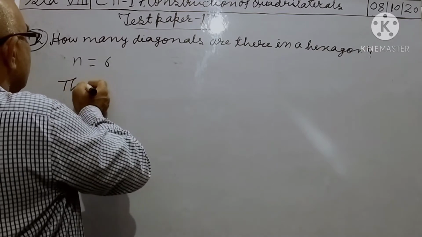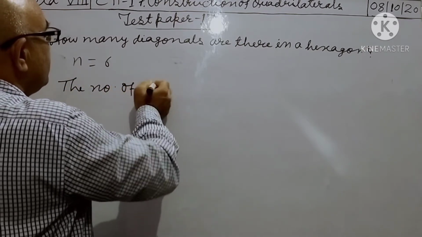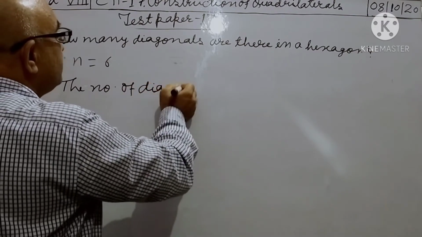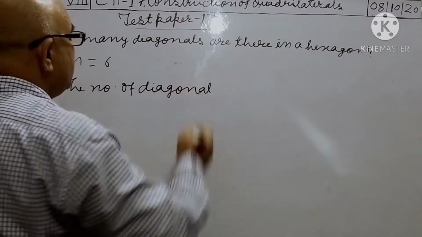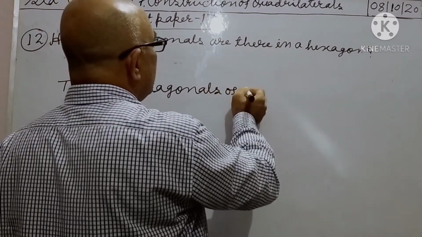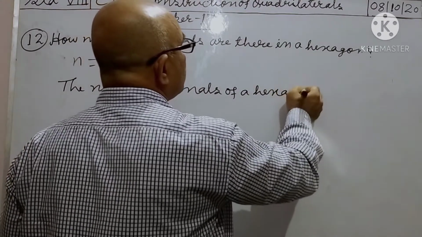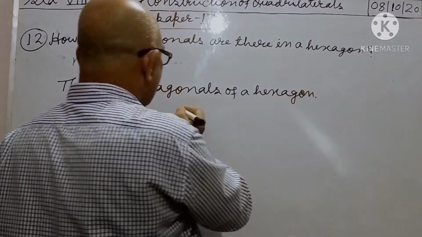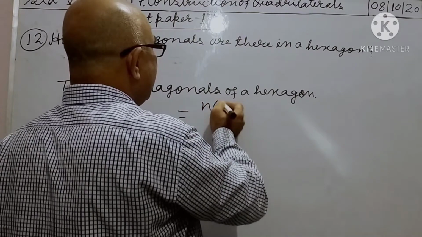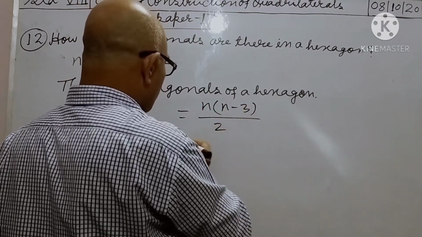So the number of diagonals of a hexagon equals n into n minus 3 by 2.